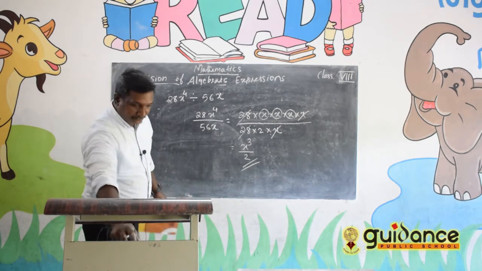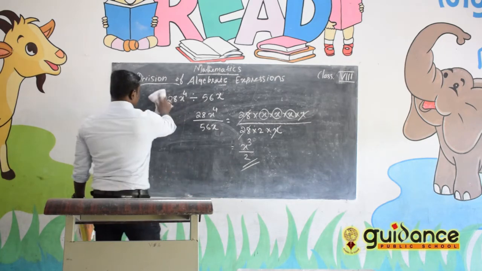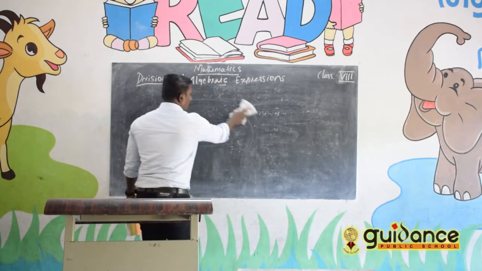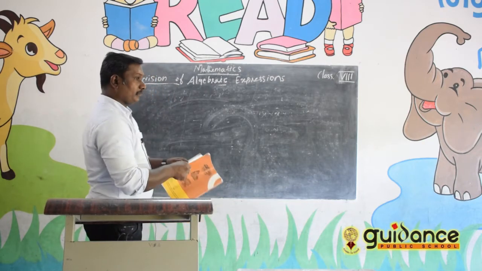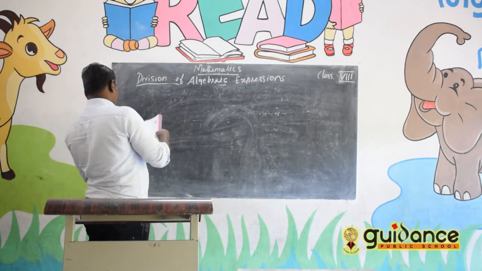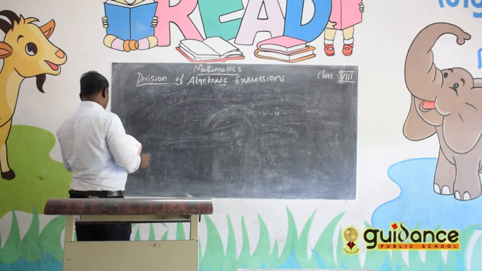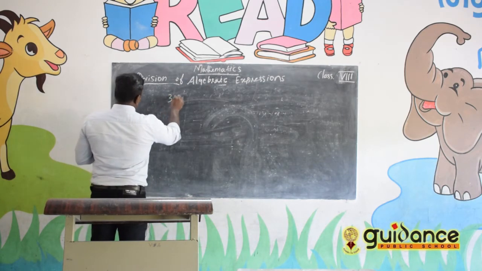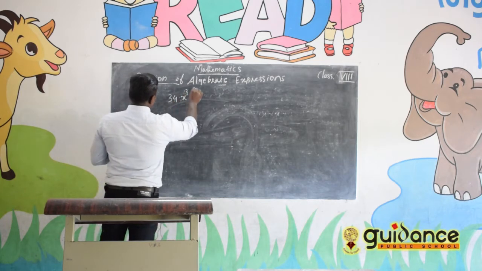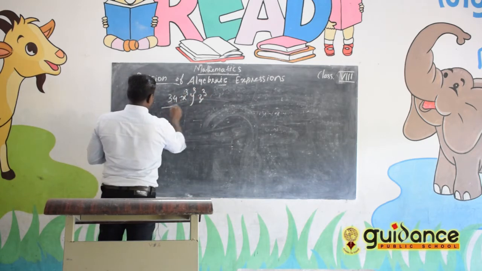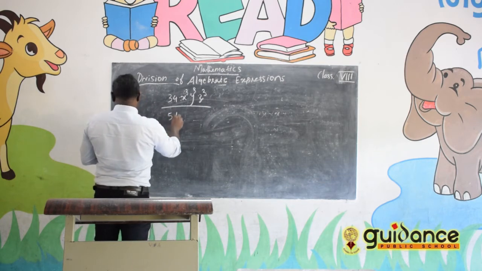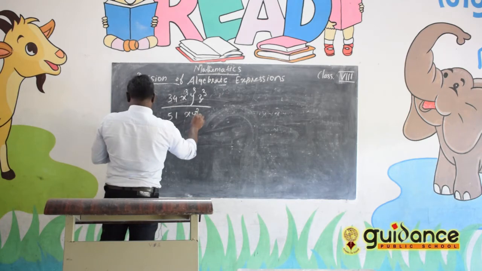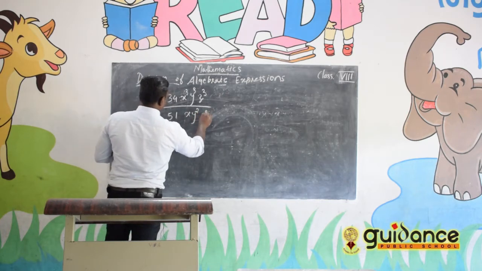So next question. 34 x cube y cube z cube by 51 x y square z cube.